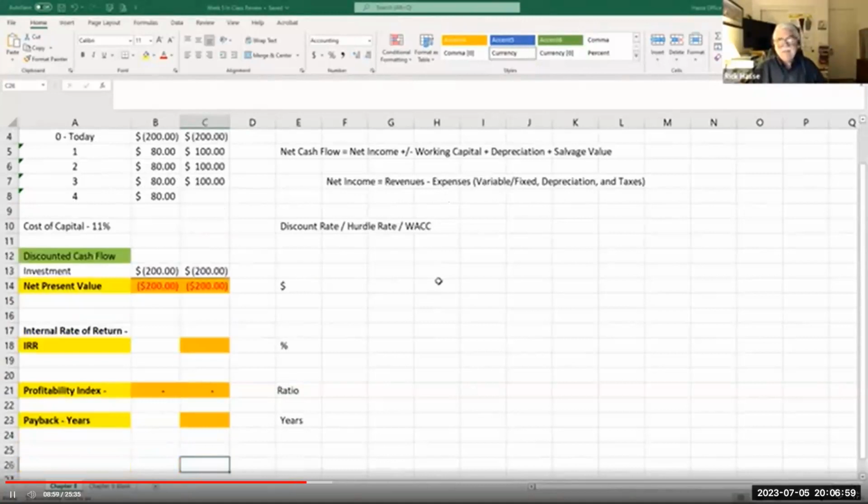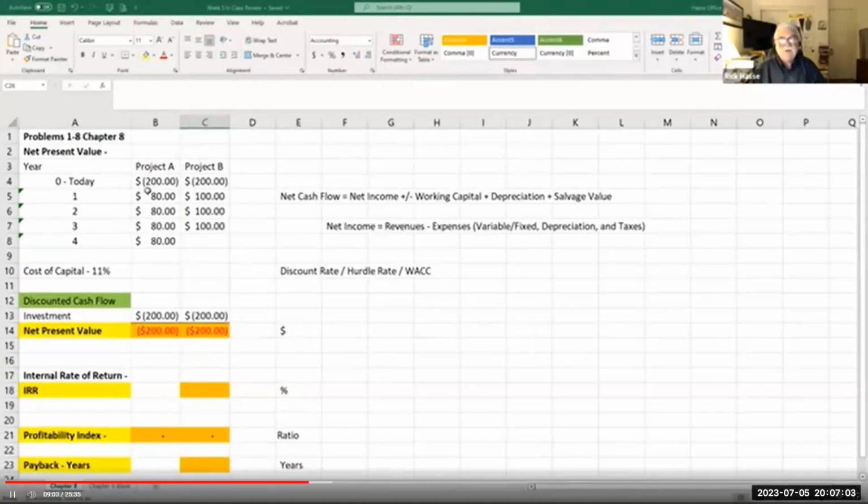So as I indicated in the beginning of today, we have 4 methods to determine the return on these investments. One is in dollars, it's called net present value. One is in a percent, it's called the internal rate of return. One is in a ratio called the profitability index, and one is in years, the payback years. Same numbers, same information, 4 different ways of looking at the return on this investment, in this case of $200.